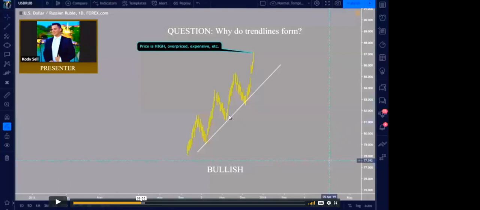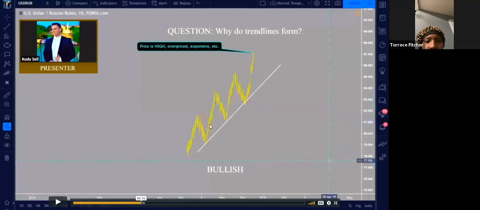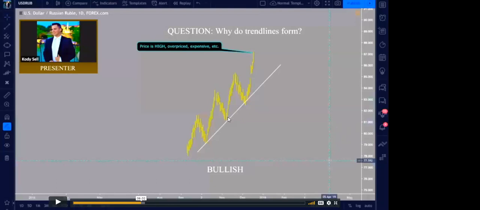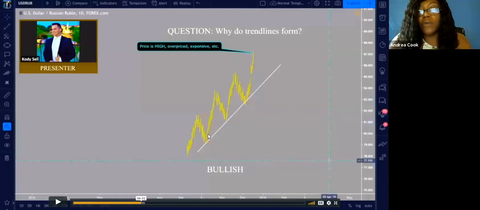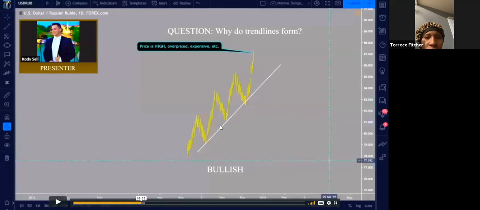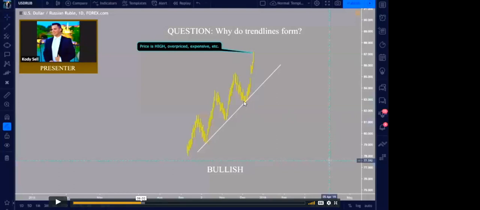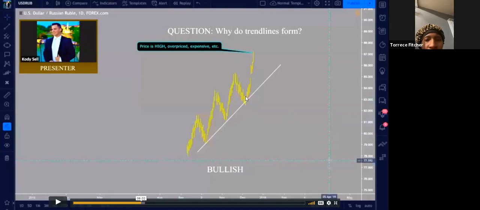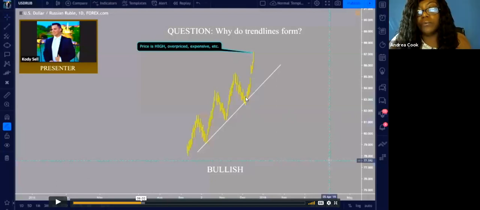I have a question. To my understanding, when you say higher low, you're looking at the point right here, where price came down. And because it's going up, that would be called the higher low.